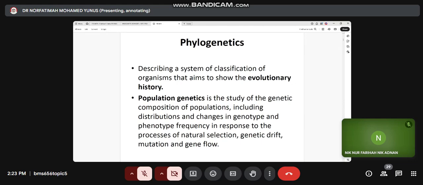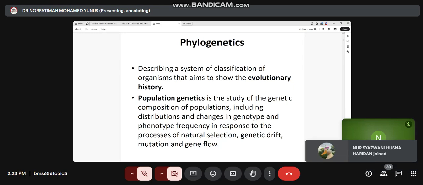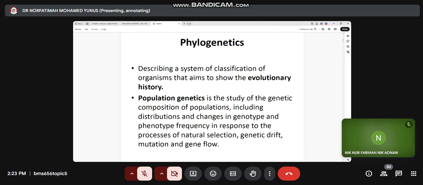Okay, so population genetics is a study of the genetic composition of populations, including distributions and changes in genotypes and phenotypes. Changes in genotype means the variations between genes, or something that happens to those genes.